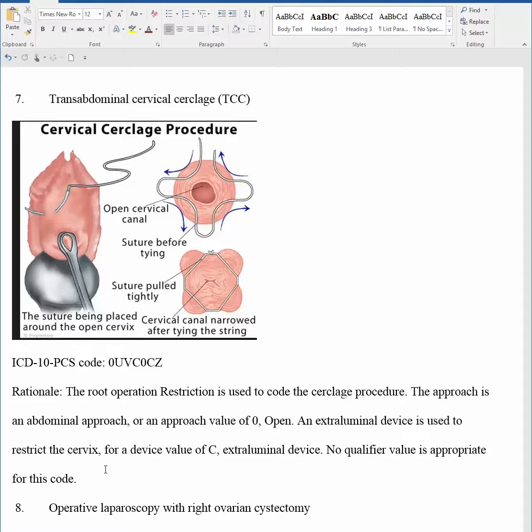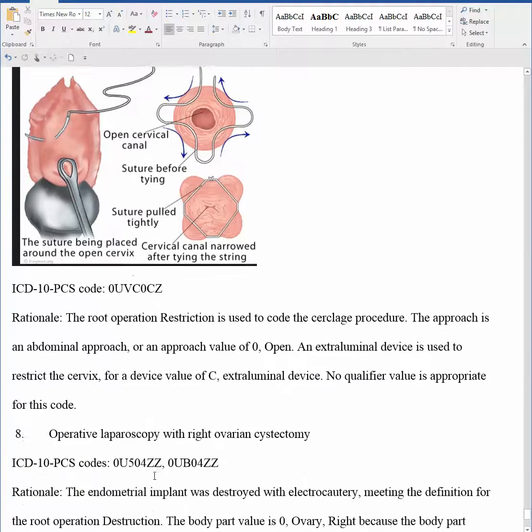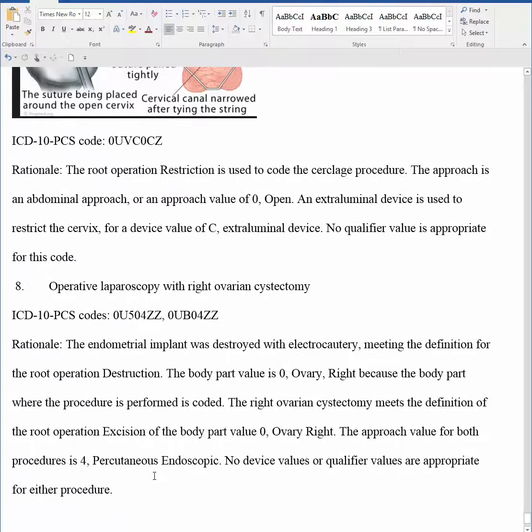I'm looking for, it says the bandwidth of the tape was verified as being flush with the anterior cervix tissue. So we use some type of device, and our final code again is 0UVC0CZ.